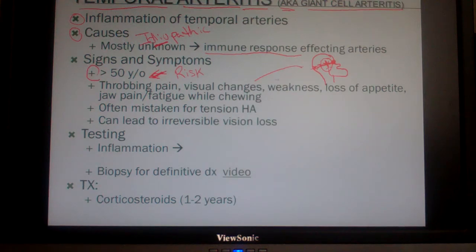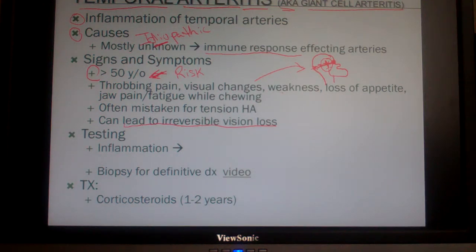Not only are visual changes a possibility with temporal arteritis, but it can actually lead to irreversible vision loss, as in your vision is not coming back if you have temporal arteritis long enough pressing on that optic nerve. Then you can literally kill that optic nerve.